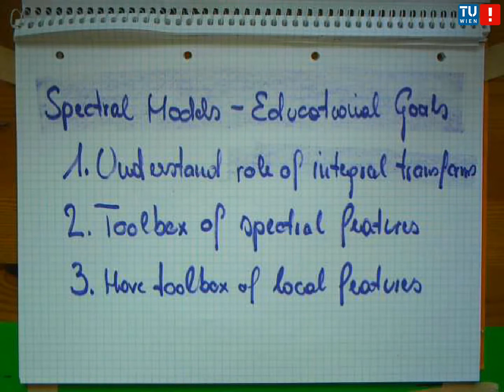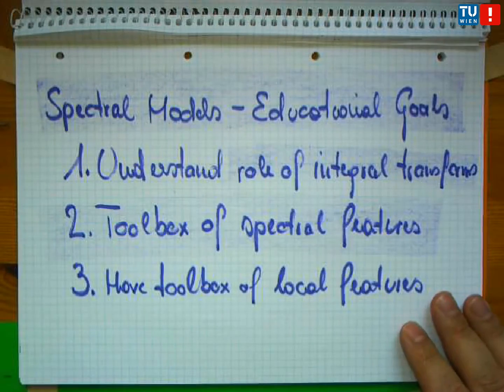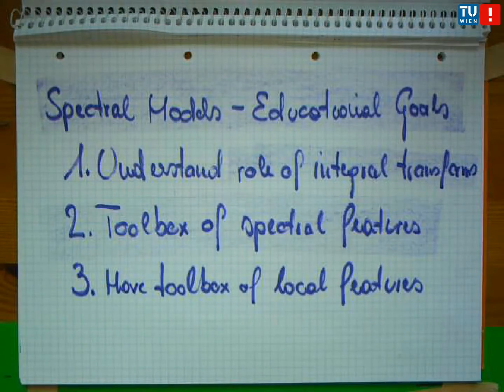Okay, based on these transforms, we will develop a toolbox of spectral features, mostly in the area of audio, where they are of the highest practical significance, despite the revolution of deep learning, but also in the area of visual encoding in different roles, just to a lesser degree.